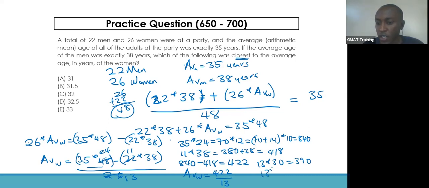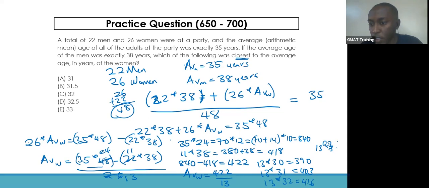So 13 times 31, this is 390 plus 13, this is 403. 13 times 32, this one should be plus 13, this is 416. And then 13 times 33. Sorry about that.